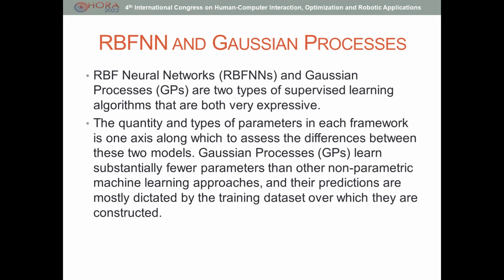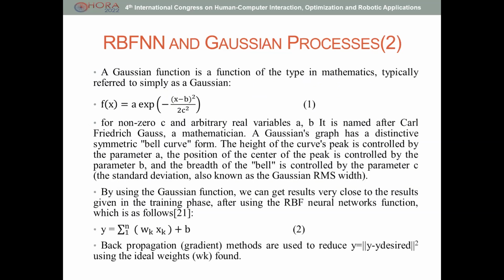The Gaussian function has parameters like this: the exponential of minus x minus b to the power 2 over c to the power 2.